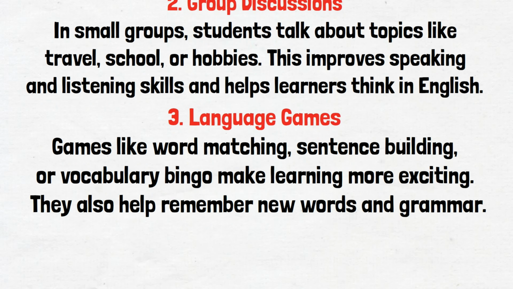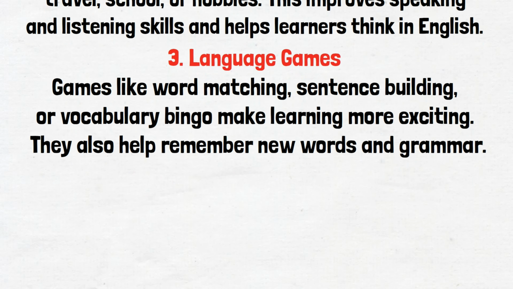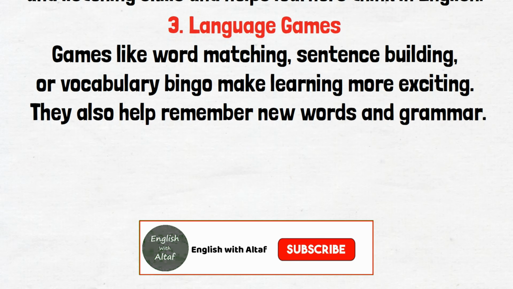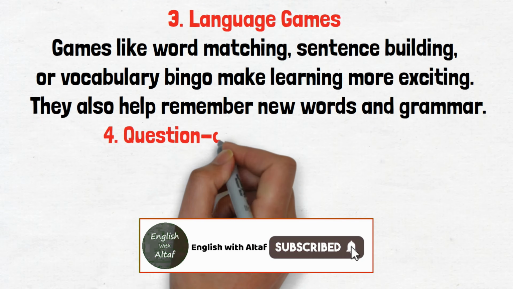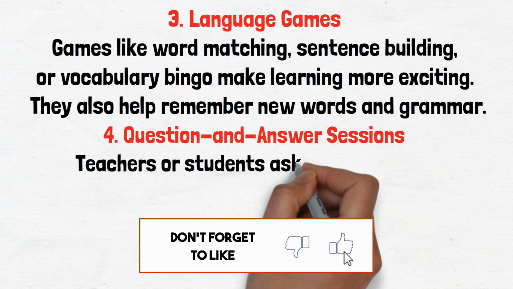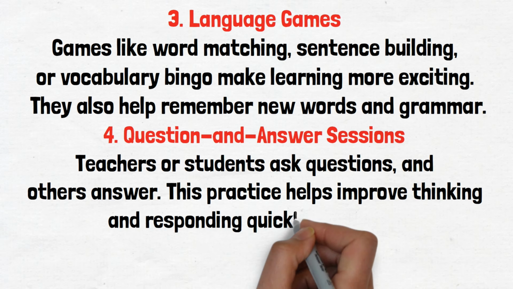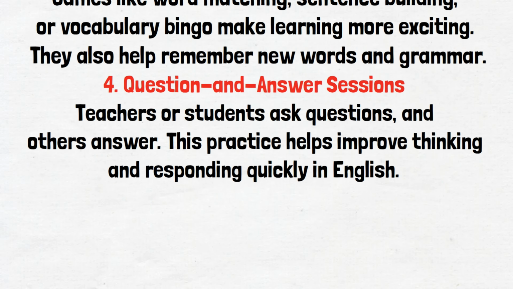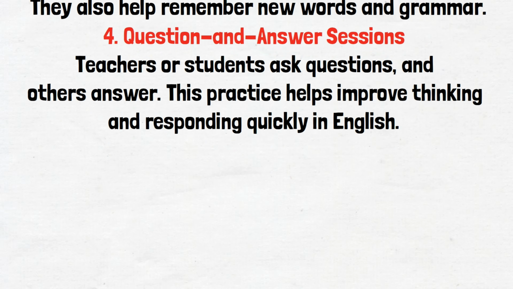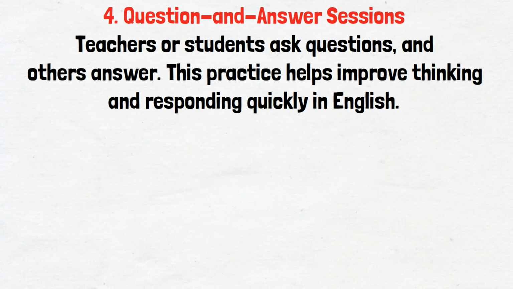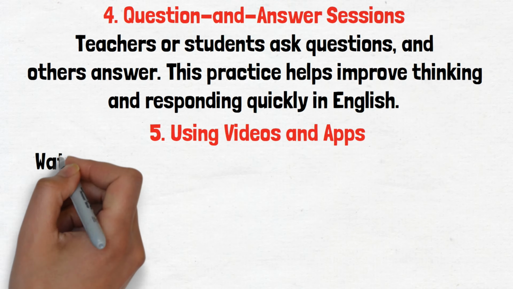3. Language games. Games like word matching, sentence building, or vocabulary bingo make learning more exciting. They also help remember new words and grammar. 4. Question and answer sessions. Teachers or students ask questions and others answer.